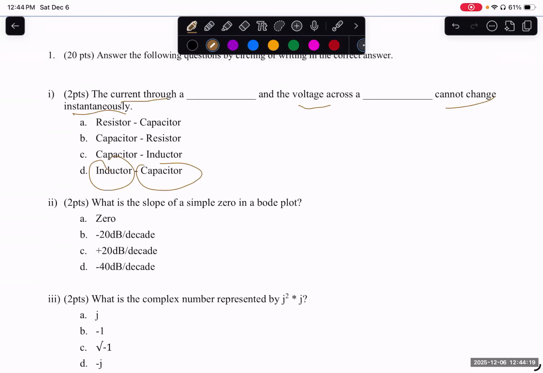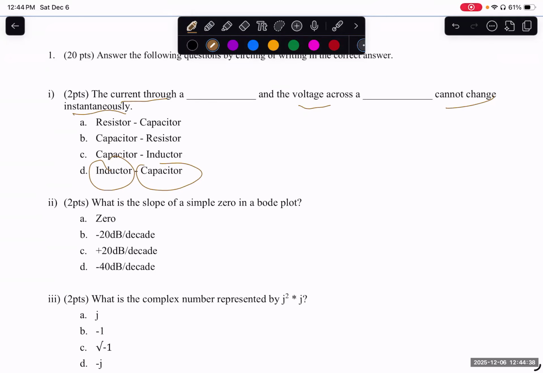So moving on to the next question, it asks what the slope of a simple zero is. If you've gone through the Bode plots, there's not much you would have to understand in this case. It's just what a simple zero is and what a simple pole is, what a quad pole or a quad zero is.